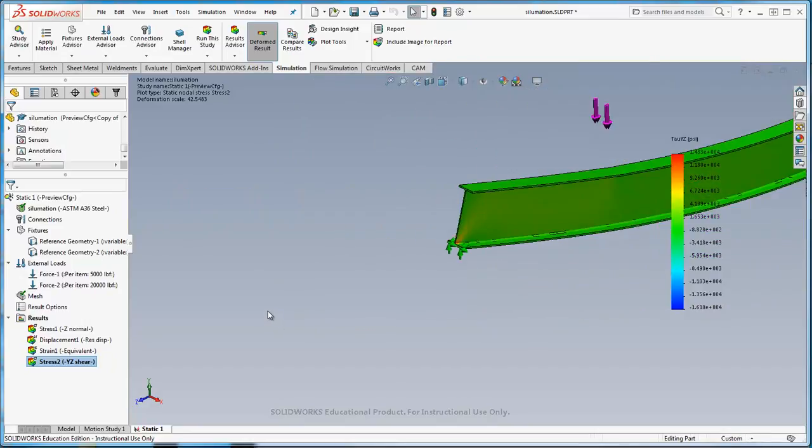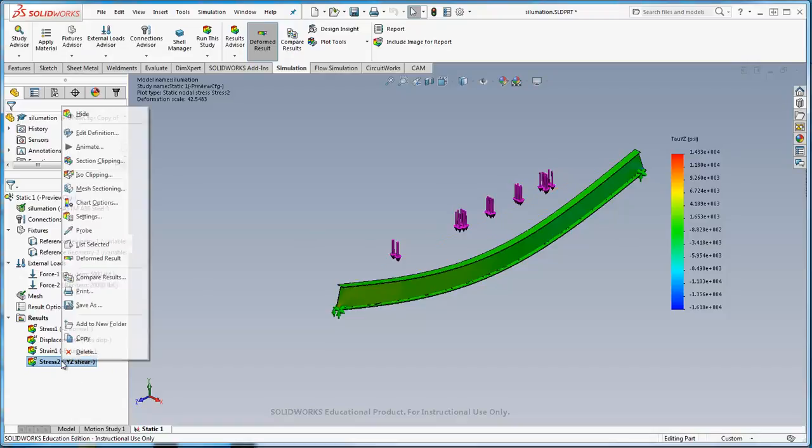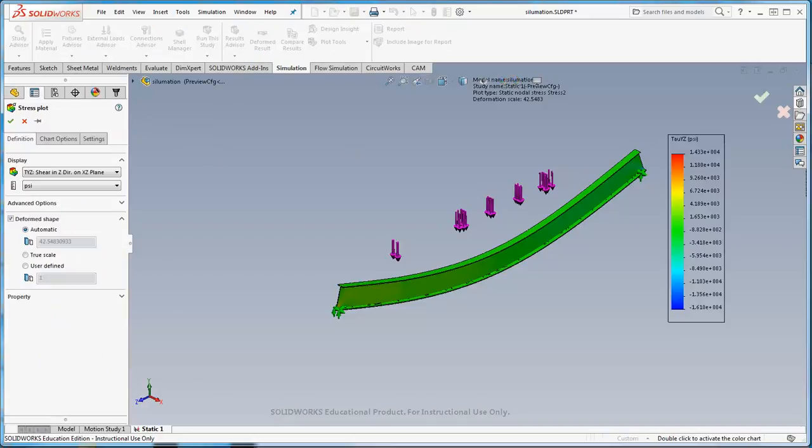And so what I'm going to do is change the range here so it eliminates that high spot that's not real and gives me a more realistic look at the shear stress. And so I'm going to right click, edit definition on this edge here, and my hand calculations I did earlier, I came up with a maximum shear stress of about 2565 psi.